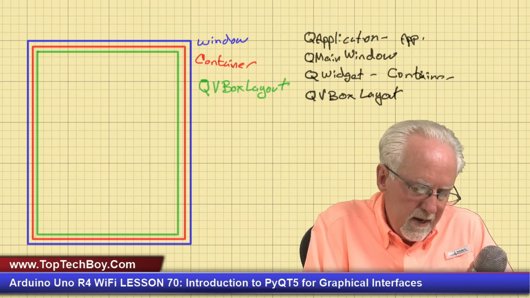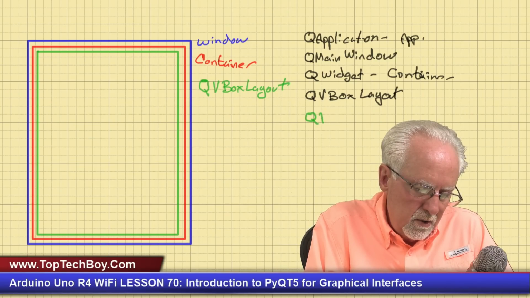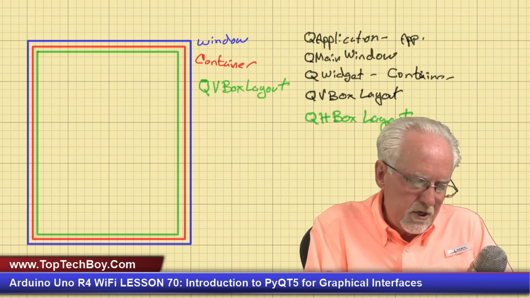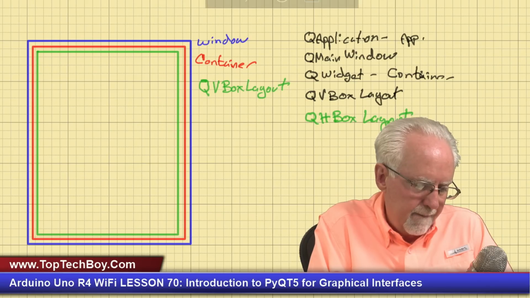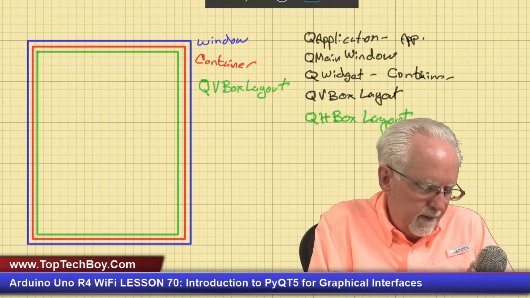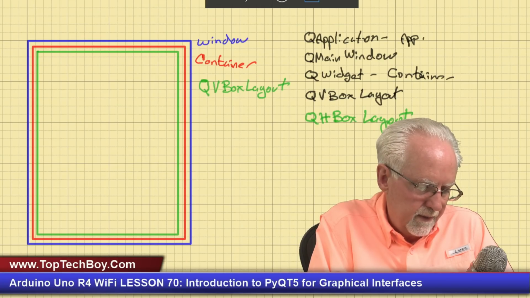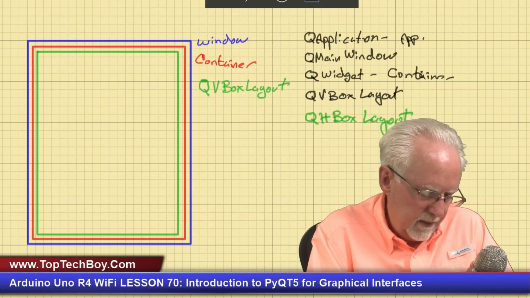Okay, so then let's say this one might be QHBoxLayout like that. Okay, and so with something like this, I can put a layout box inside my layout box, and it might be something like this. Let's see if we can get this here.